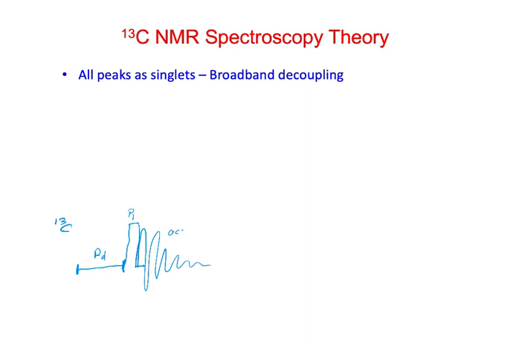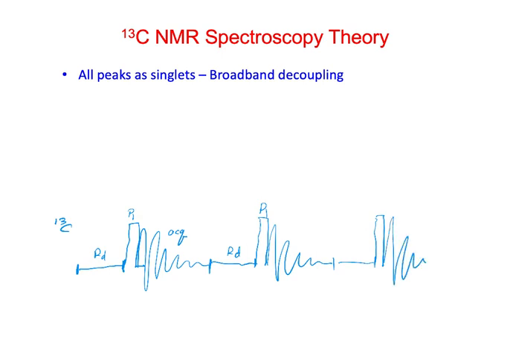And then we do that again: the relaxation delay, P1, and our acquisition. We just repeat this as many times as we need to, or as long as we have NMR time.